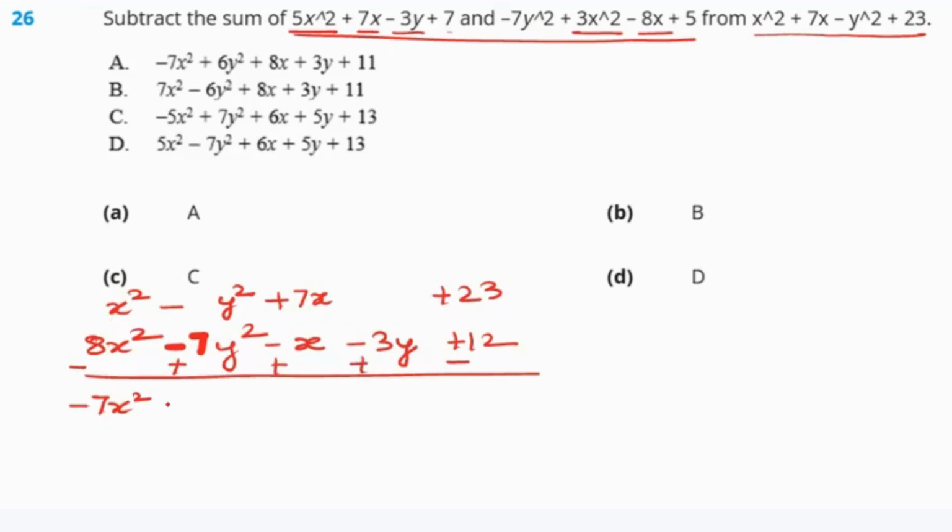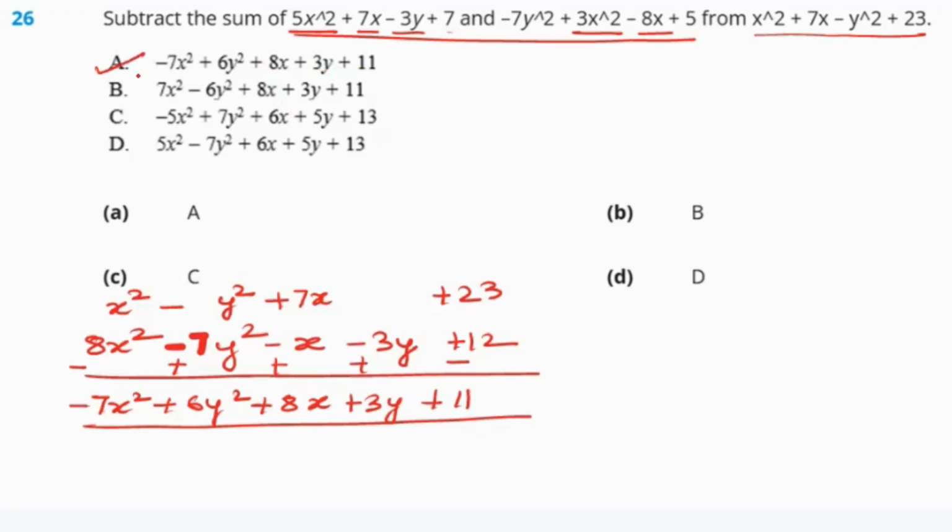And if we subtract 7x and minus x, since actually we are adding them, this will become 8x, it will become 3y, and this will become plus 11. So our answer is minus 7x square plus 6y square plus 8x plus 3y plus 11, which is option number 8.